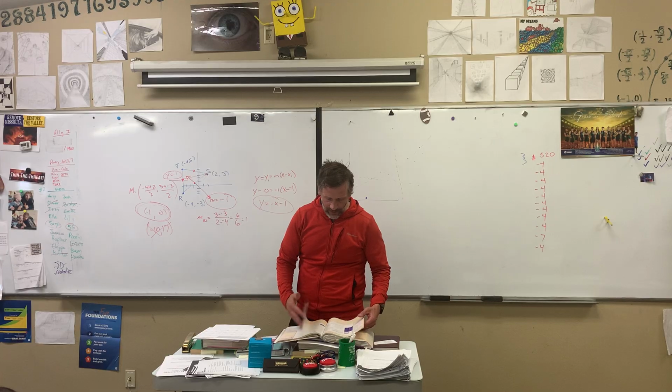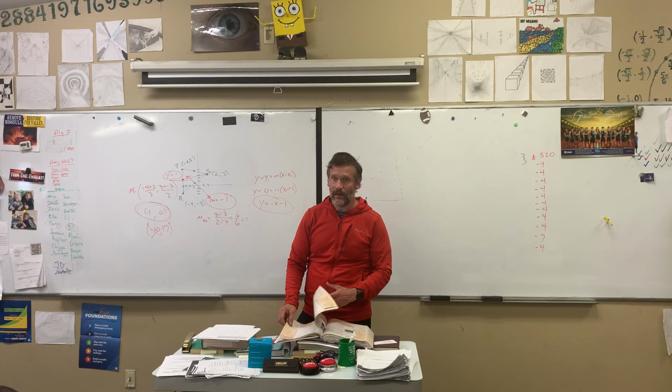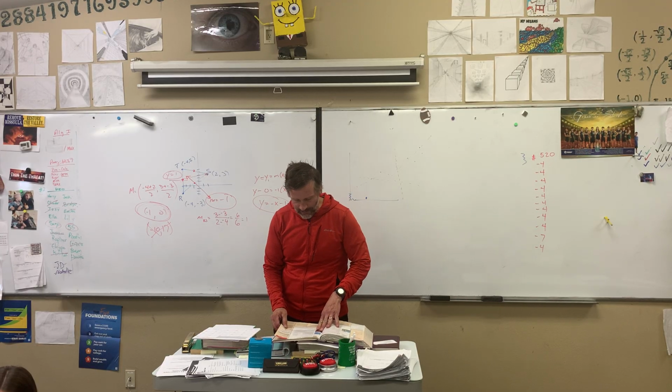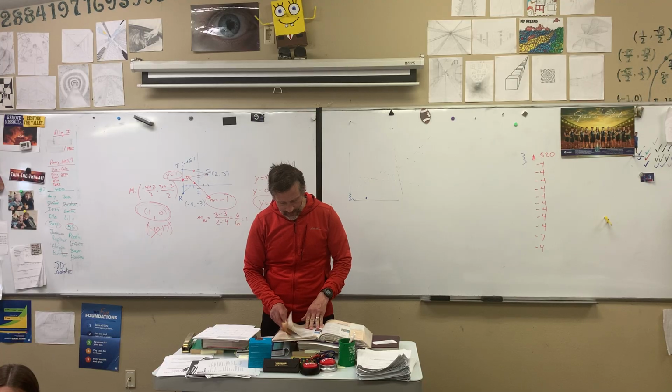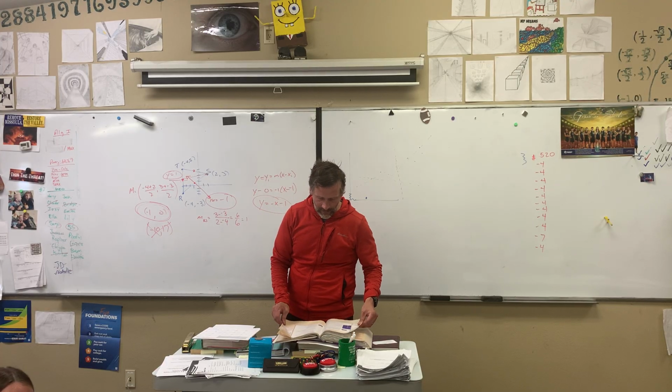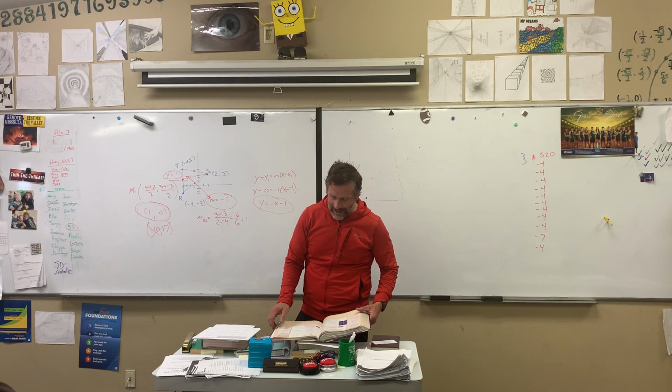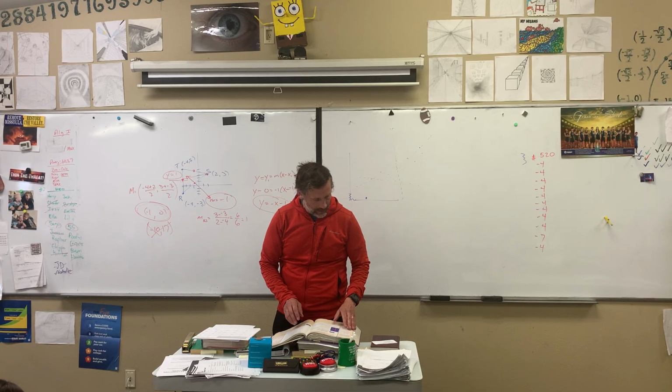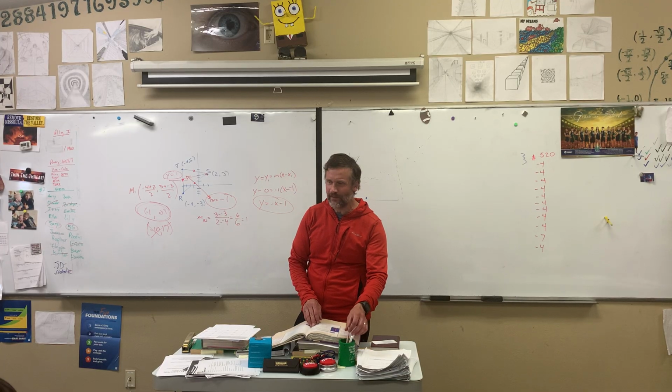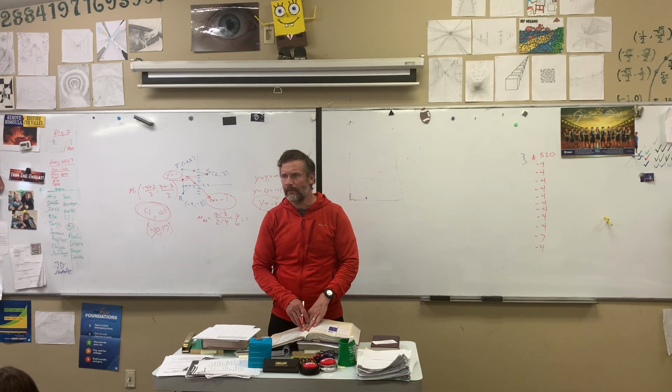Okay, let's talk about 12-7, coordinates in space. Coordinates in space simply means that we are going to be adding a third variable, but it doesn't actually get that complicated.